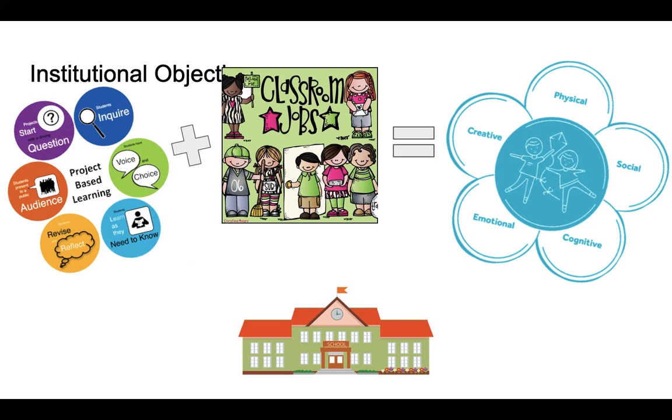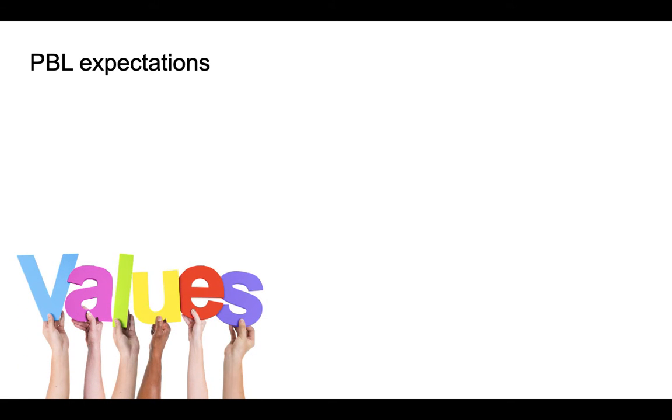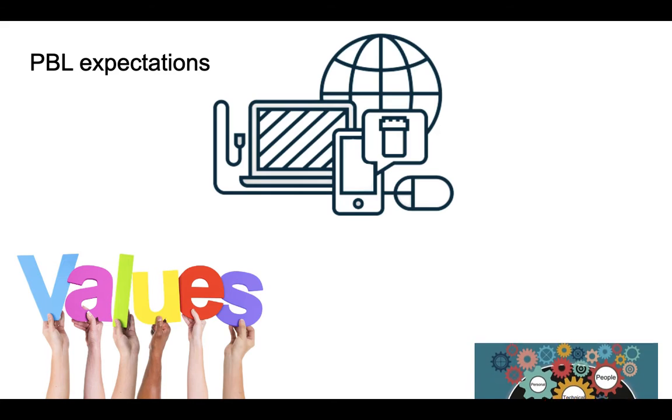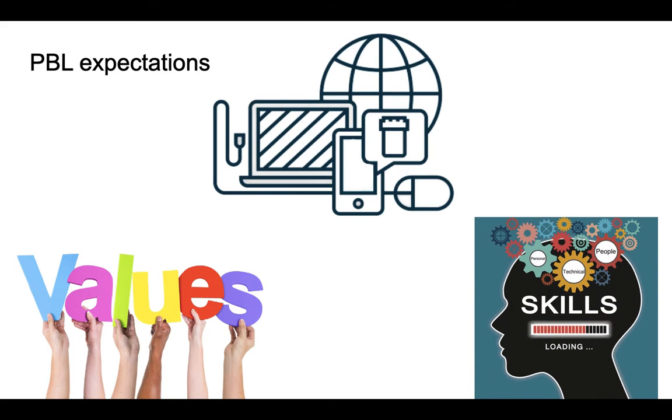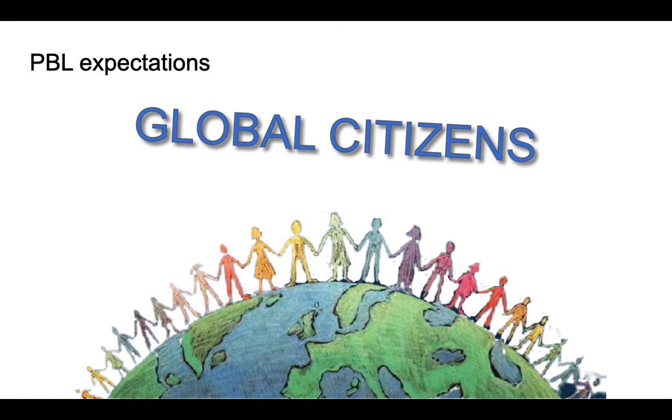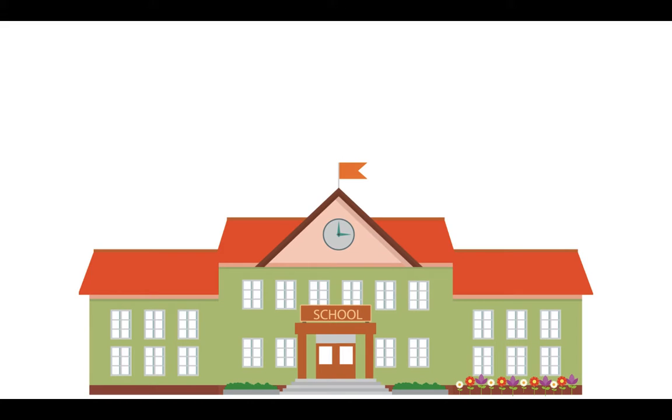And they believe that by combining these two elements, they will have successfully achieved the holistic perspective, which in turn they expect to have the students develop values throughout these projects. They expect them to develop skills and knowledge of technology tools. And with this combination, they expect the students to be able to become global citizens, which is an important goal for the institution.